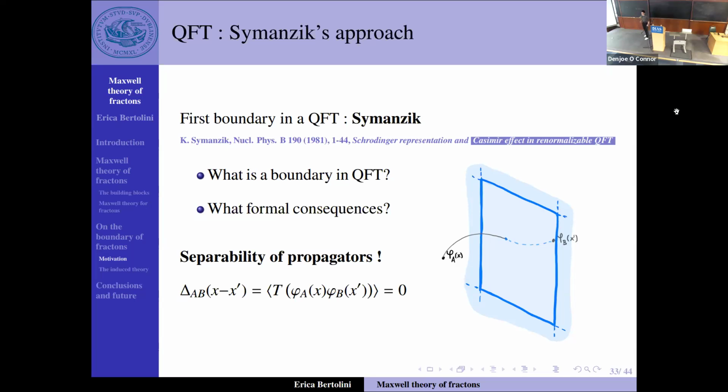This is the paper where he set up the Schrödinger equation for quantum field theory. But don't think that those properties are generic. There's a lot more freedom there. It's just how to impose a boundary in the QFT. Yeah, but you don't need the second side. Indeed, I know.